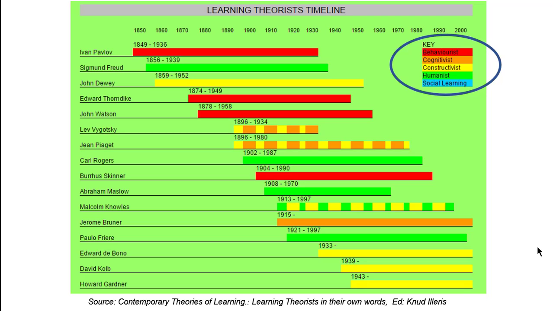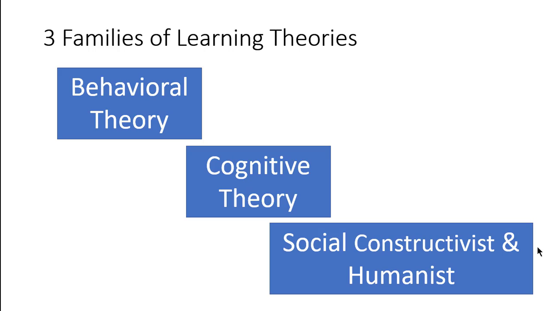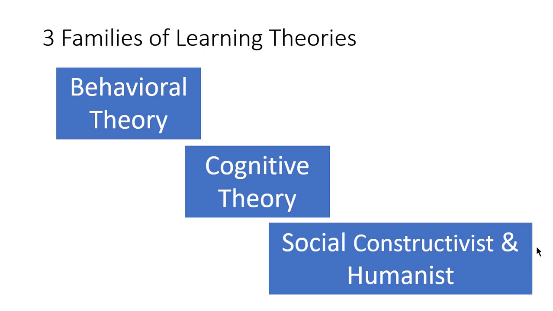So without going into detail on these particular theorists, let's break these down into just 3 general families of learning theories. Now, different individuals will maybe label these differently, but for our purposes, this is probably a reasonable way to summarize them. So we're going to boil them down into behavioral theory, cognitive theory, and social constructivist and human theory.